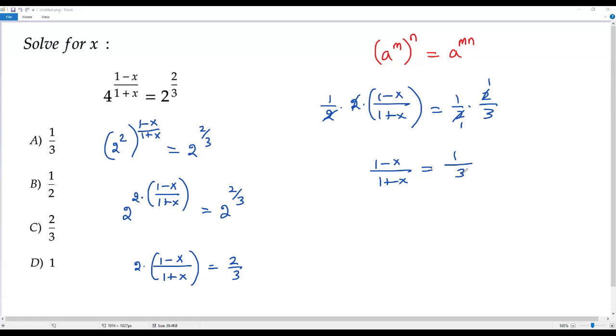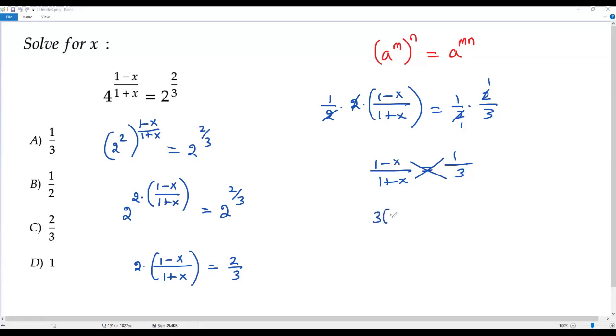Now what we need to do in the next step is cross multiplication. Cross multiplication means the numerator on the left side has to be multiplied by the denominator on the right side. The numerator on the right side, 1, has to be multiplied by the denominator on the left side. Let me multiply this numerator (1 - x) by this denominator 3.